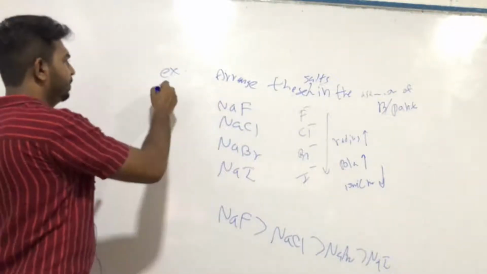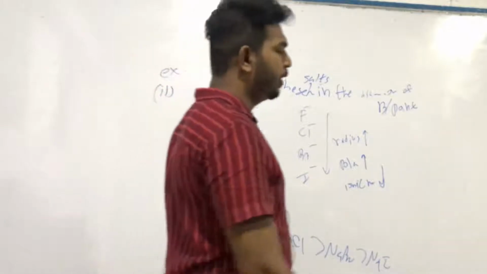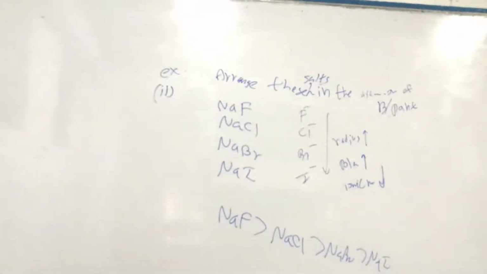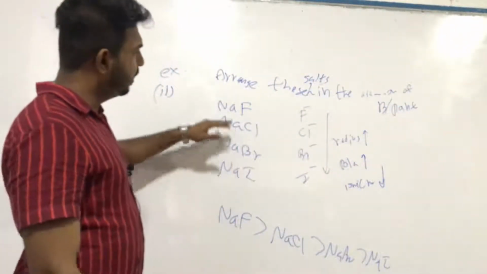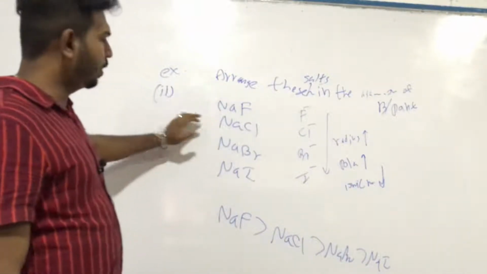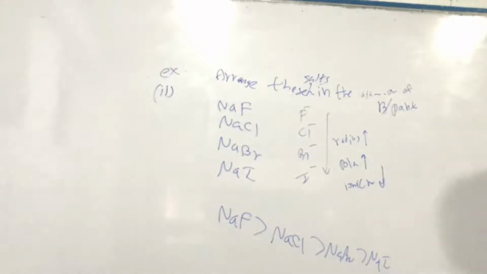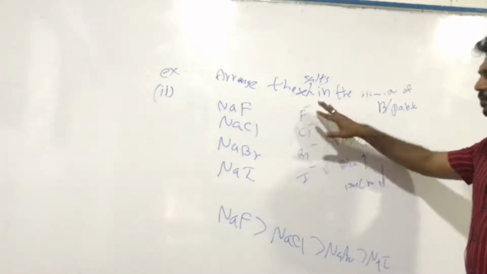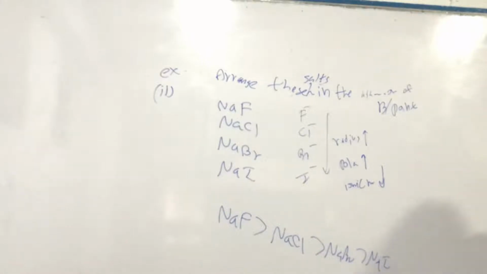So write the second example. Arrange the salts in the ascending order of boiling points. Then write these salts, and then write these ions.